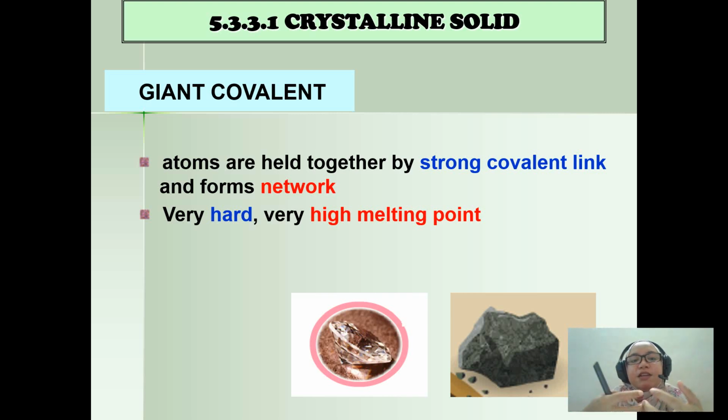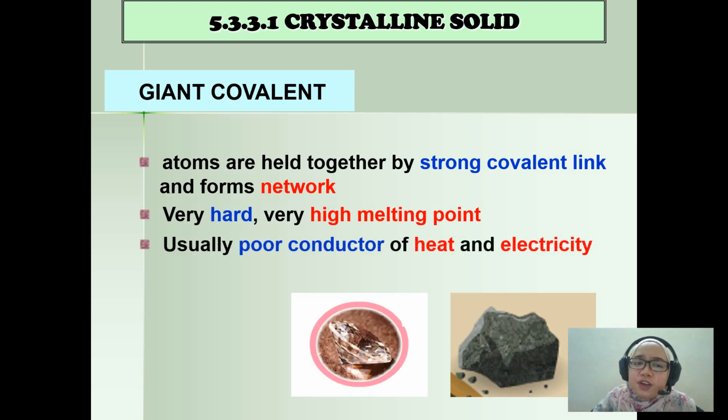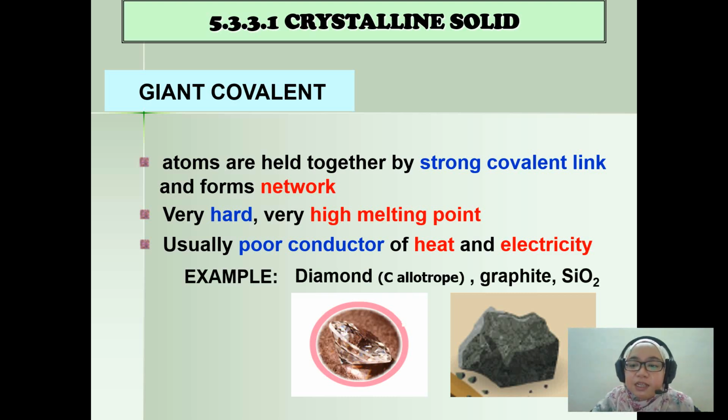Okay, because it is held together by strong covalent link and they form network. It has its own shape of network and it is very hard and very high melting point. However, the giant covalent solid is usually poor conductor of heat and electricity. For example, we have diamond, graphite and silicon oxide.